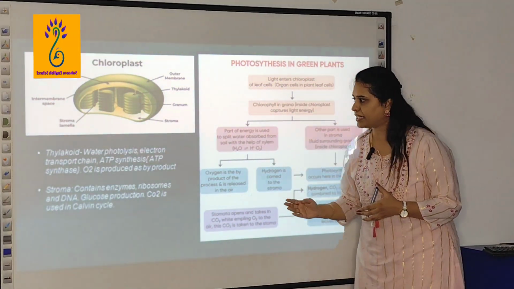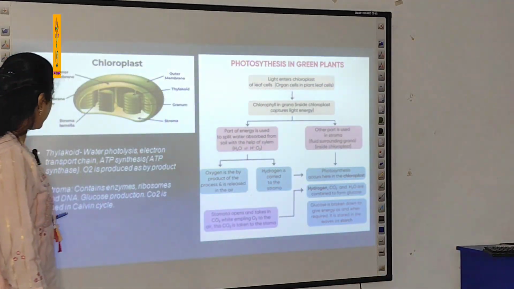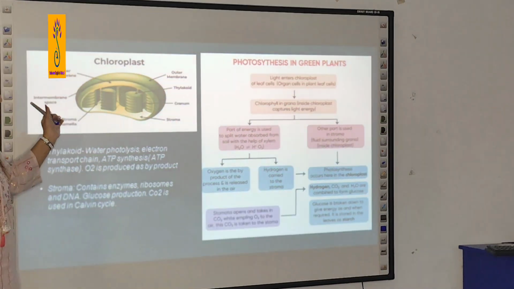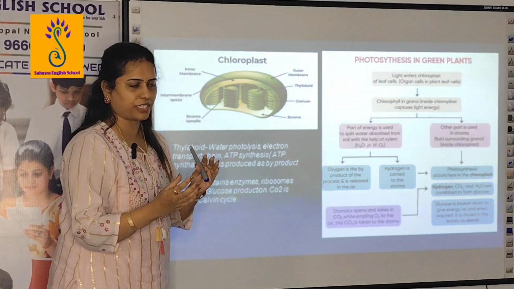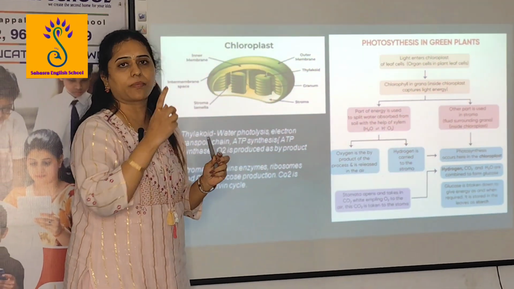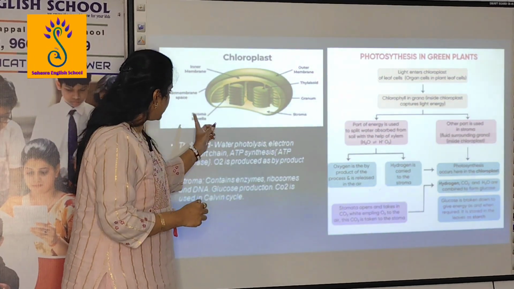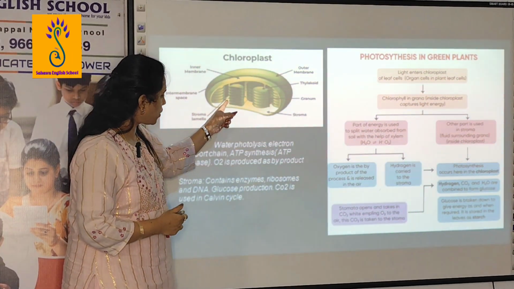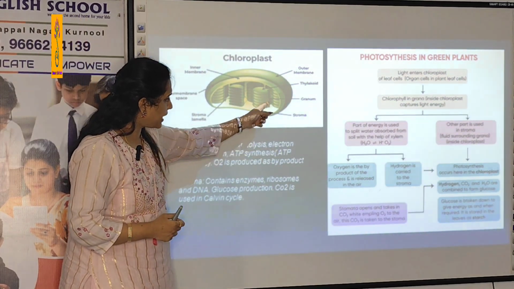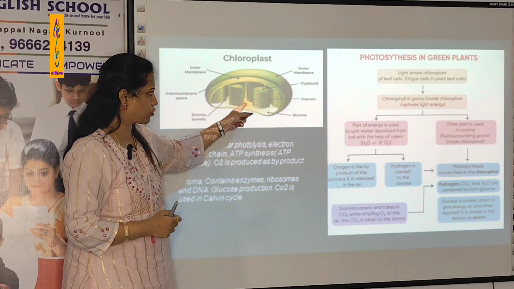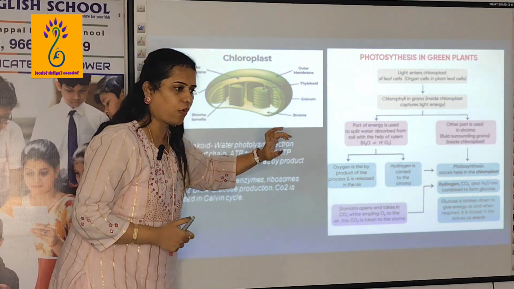Now the carbon dioxide in the stroma. You know about the stomata, how the gaseous exchange takes place and the carbon dioxide enters through the stomata. Here in the stroma, this carbon dioxide and hydrogen ions combine to form carbohydrates.